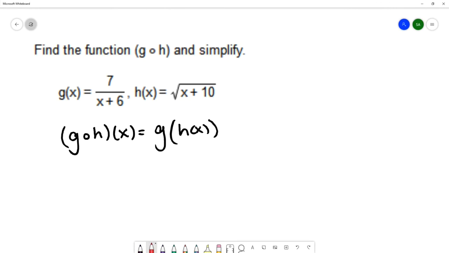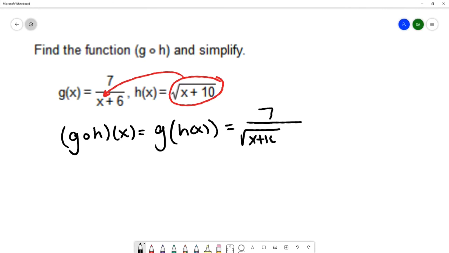So to calculate g composed with h, we're going to substitute h of x in for that x. So this is going to give us 7 over the square root of x plus 10 plus 6.